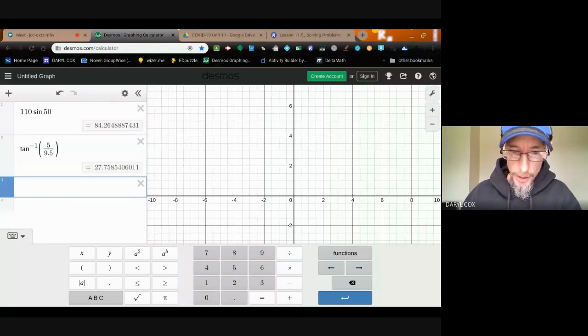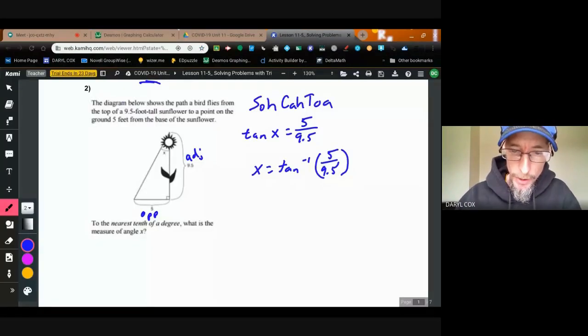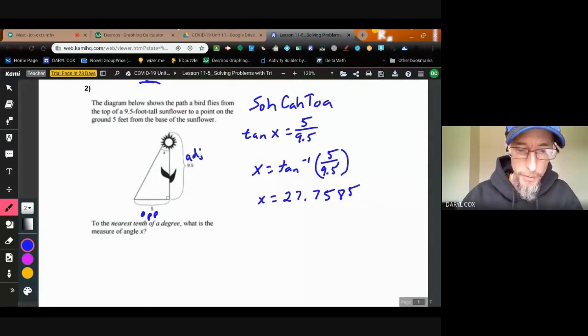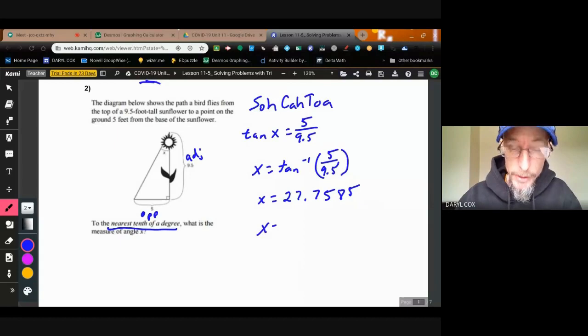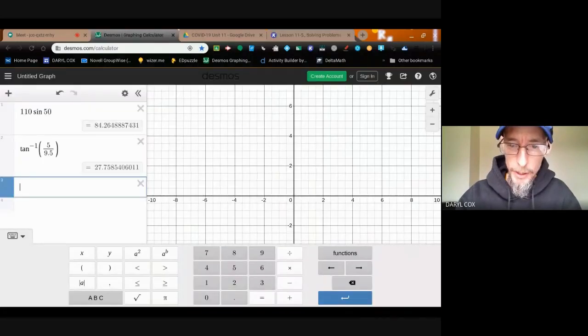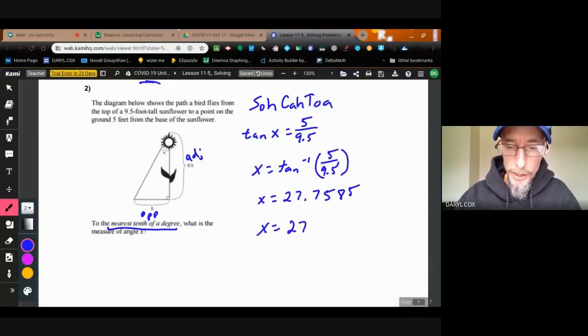And that gives me 27.7585. But hey, we want the nearest tenth of a degree. Now, usually we round to the nearest degree, but this told me different in my directions. I'm going to double check my numbers here to make sure I did it right. Yes, I did. So we're looking at 27.8 degrees.